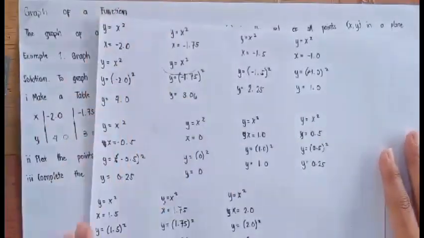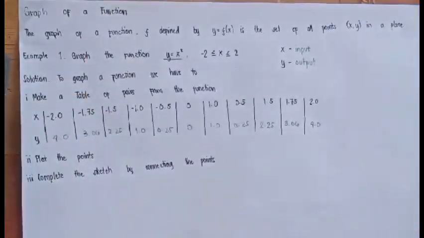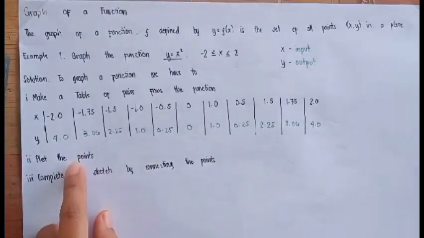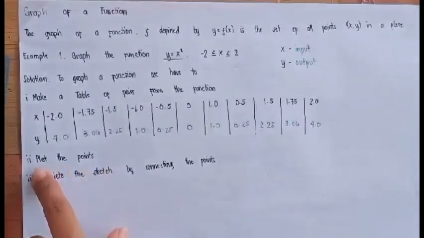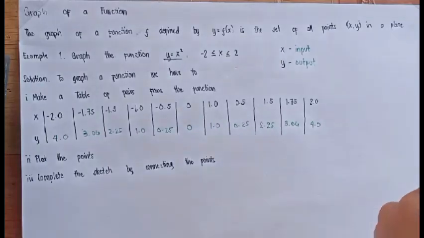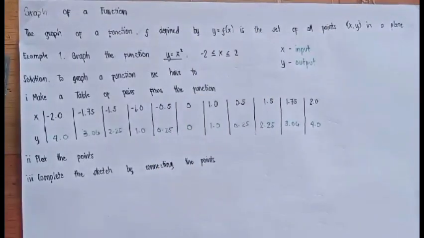Now, I have completed the table of pairs from the function. So we have the complete ordered pairs of the function. So the second step is to plot the points. So what we are going to do with this is to draw a Cartesian plane.